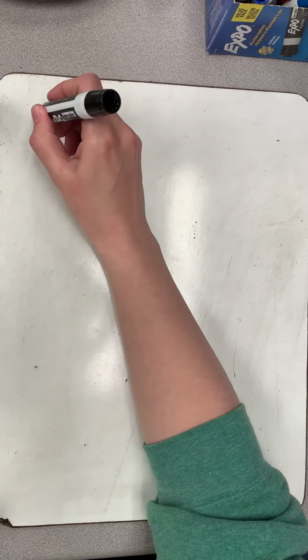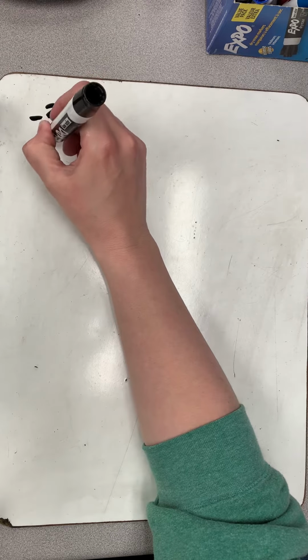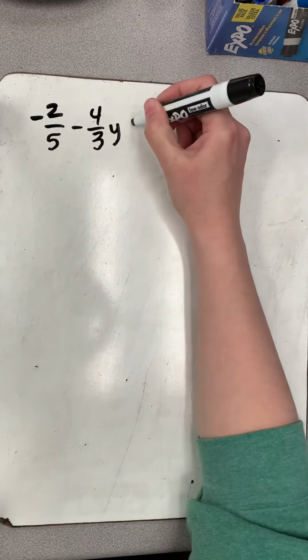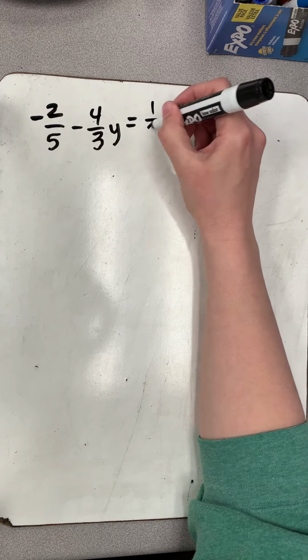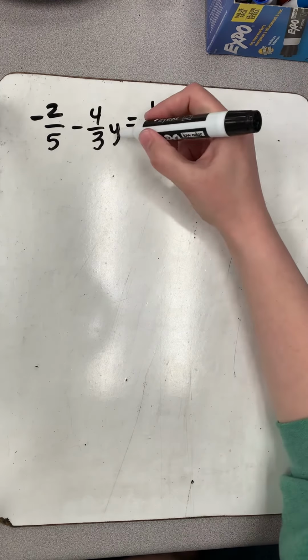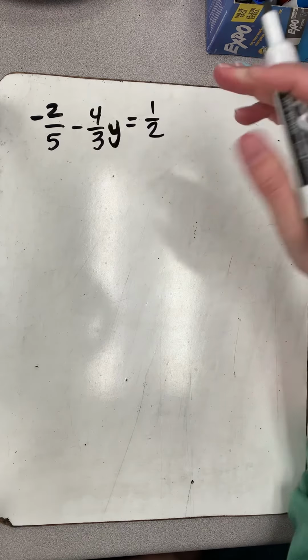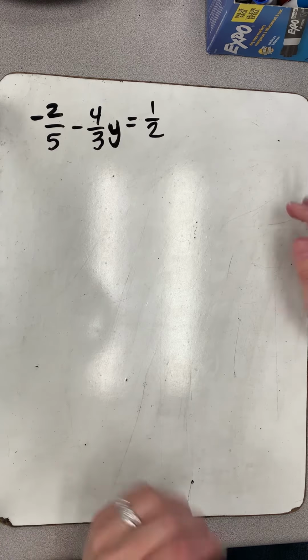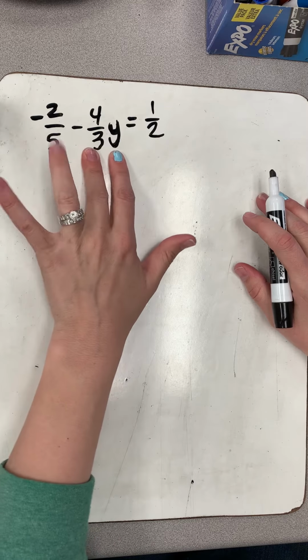In this case, I'm going to show you guys a fraction one because I put one on your assignment today. So negative 2/5 minus 4/3 y is equal to 1/2. You'll notice it's just like a two-step equation. You have you and your best friend, and then you have this stranger.